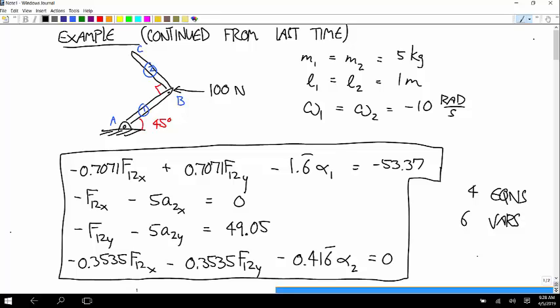The direction makes sense with the force. But what isn't so obvious is that the angular acceleration of two, which also is clockwise, makes sense in direction, but we get a much bigger angular acceleration of body two snapping that way from this force than we do of body one snapping that way. You get this sort of whiplash effect.